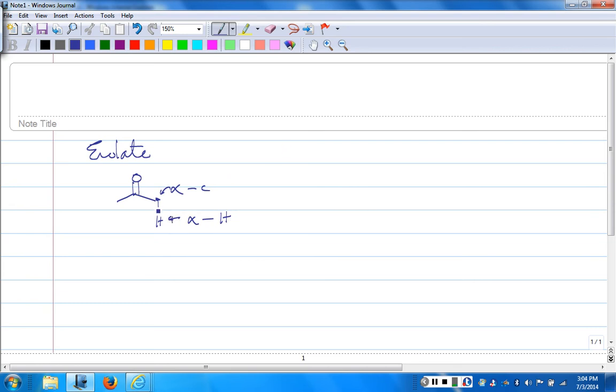Enolates, of course, are the compounds formed when the carbonyl compound is deprotonated. So these are relatively acidic and generate the corresponding enolate.